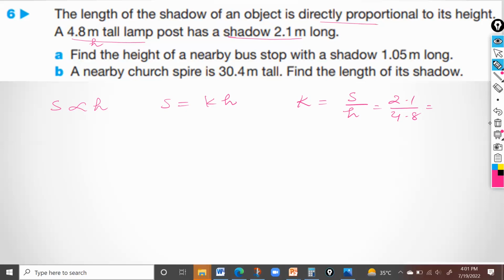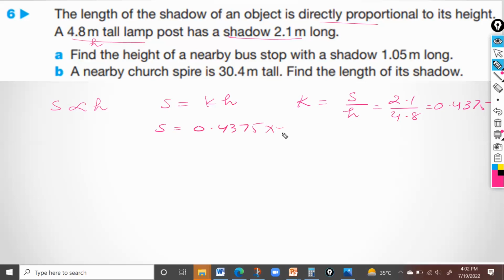I have to check, 2.1 divided by 4.8, 0.4375. So I can say that S equals 0.4375 times height.